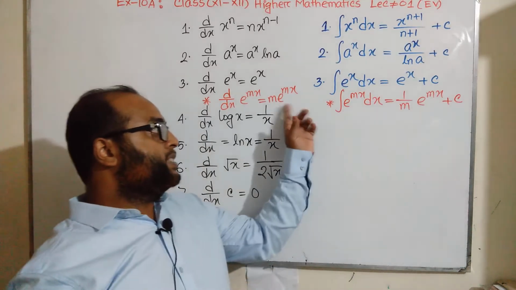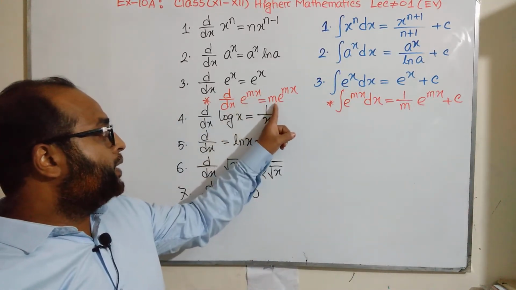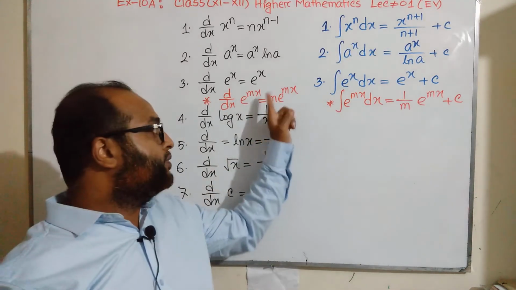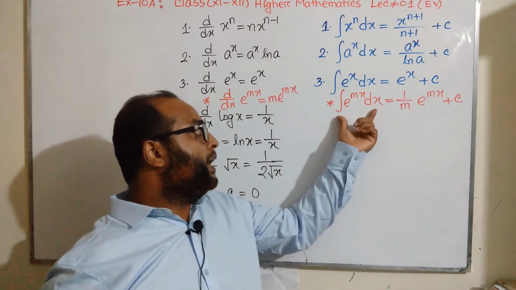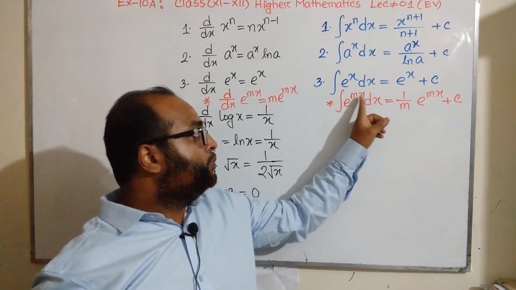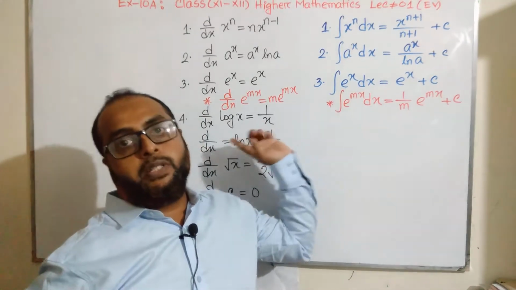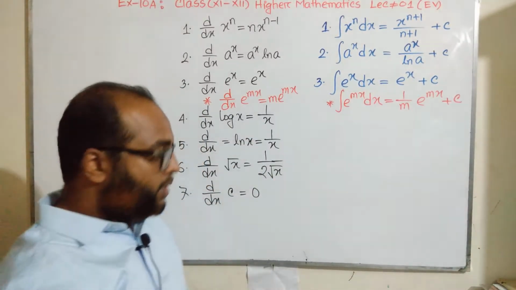This is the basic difference. After differentiation the coefficient of x is multiplied, but in integration of e^(mx), the coefficient m goes in the denominator. This is the basic difference.